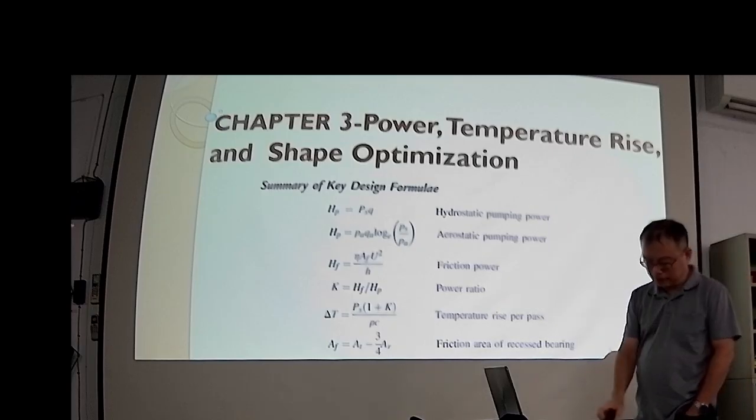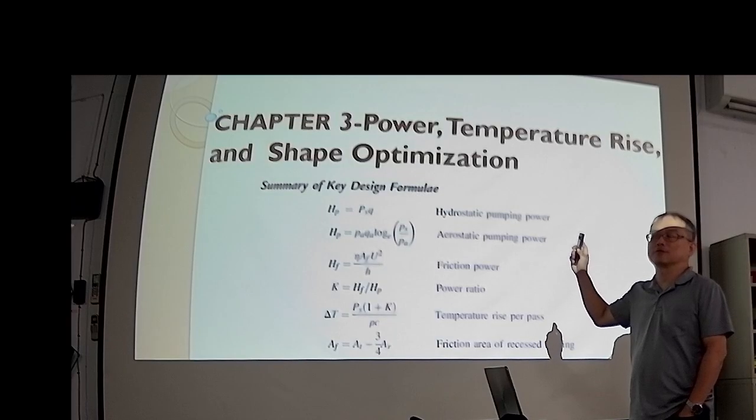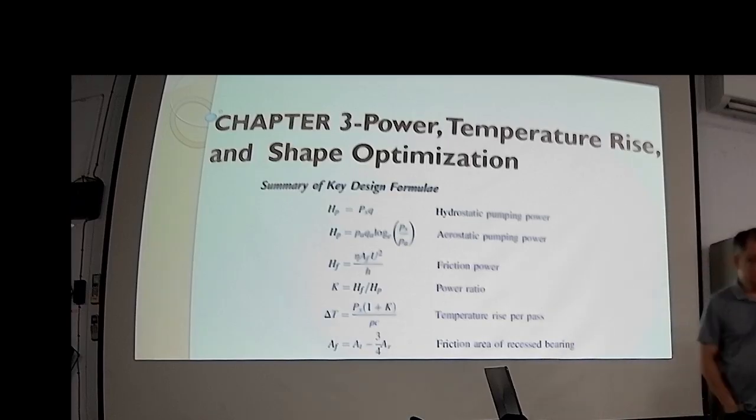The power here is the friction power for the hydrostatic bearing. So that we know the overall heat generation during the motion. So in the pressure supply system, we can include the cooling refrigerator design inside the pumping supply system.